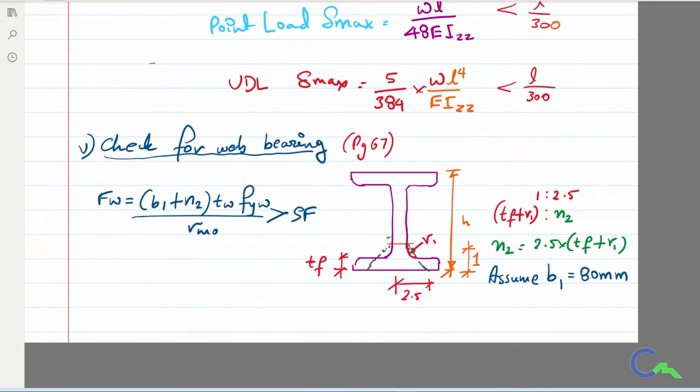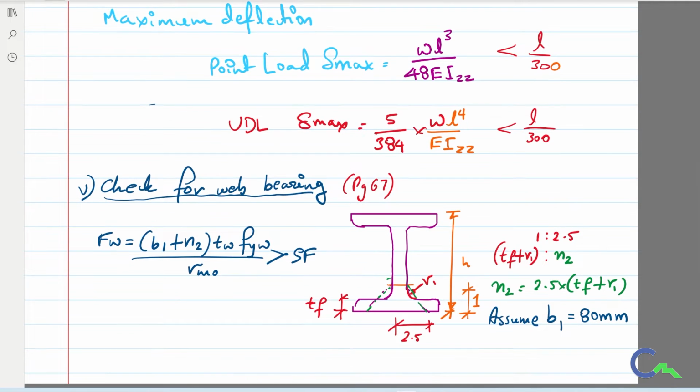The final check we have to do is the check for web bearing. If you go to page number 67, we will get this particular formula. In that, we will assume the dispersion of the load is like 1 is to 2.5. So N2 we have to calculate, that is the dispersion length. I have taken 1 is to 2.5 here, you can see here.